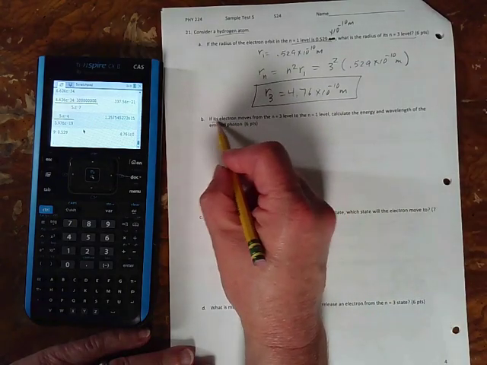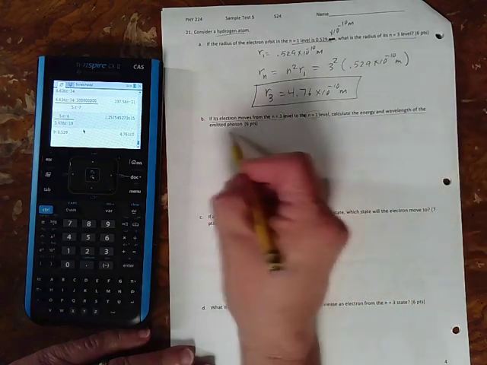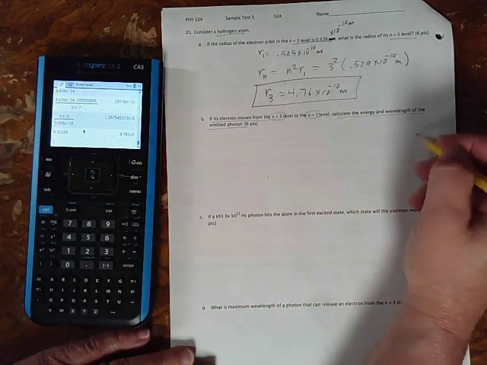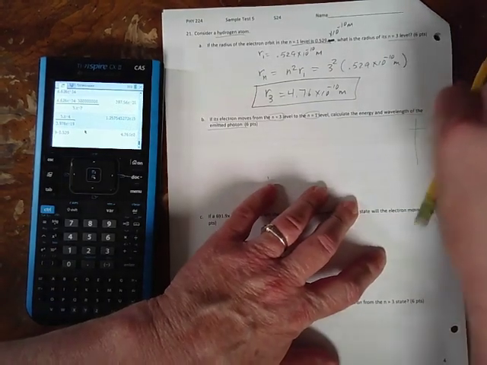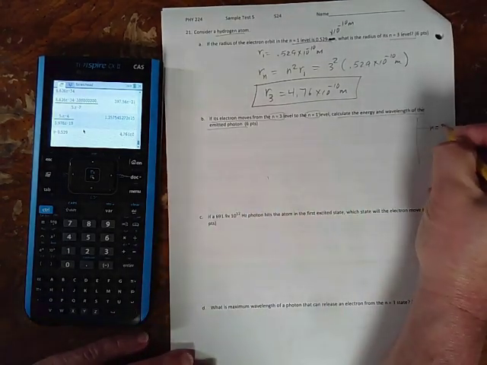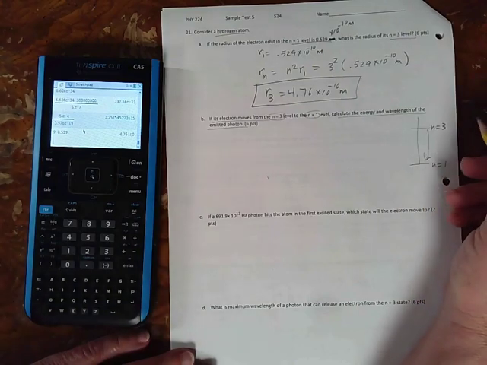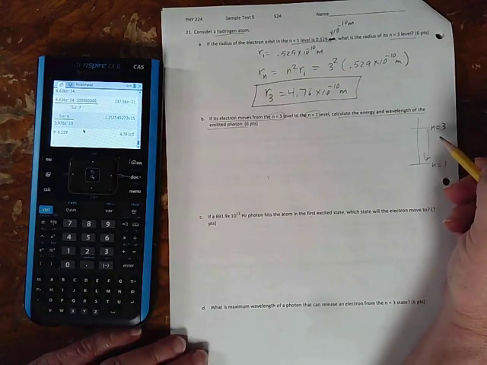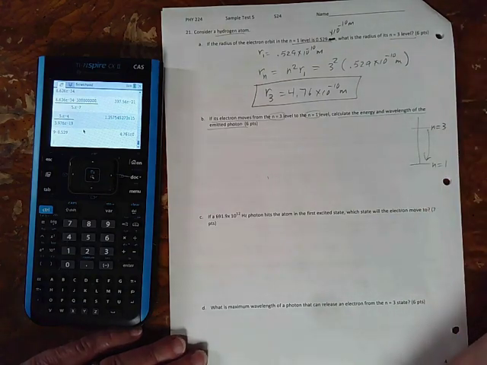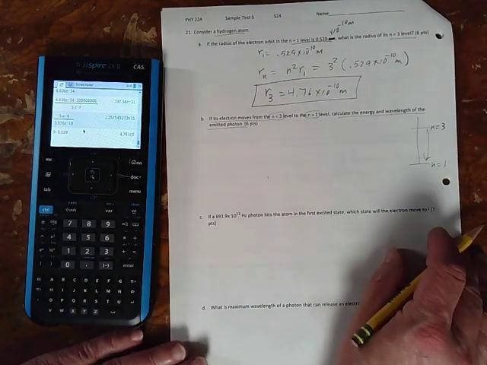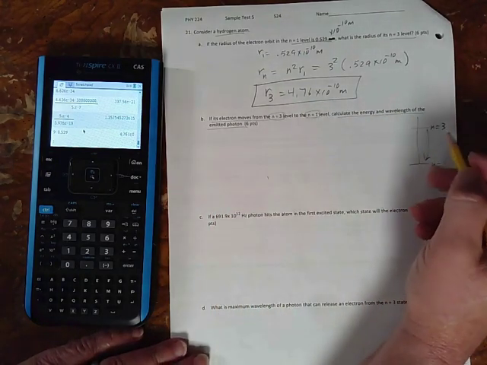If the electron moves from the n equals 3 level to the n equals 1 level, calculate the energy and wavelength of the emitted photon. It's up here in the n equals 3 level, and it's going to go down to n equals 1, so it's going to lose energy, and that energy will then become a photon that gets emitted. First we'll find the energy of these levels.